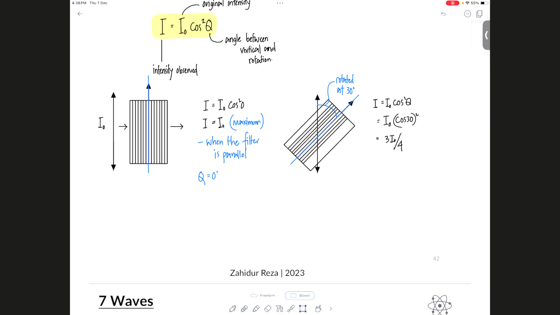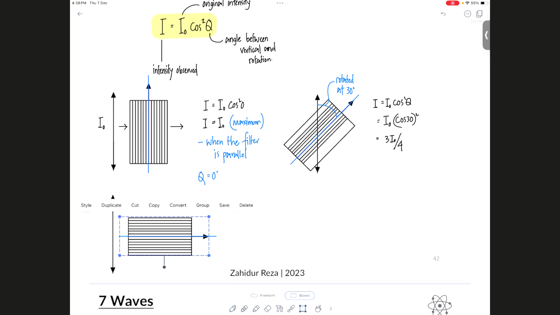As I keep rotating this, we will now go to the angle that we have been talking about. What if I rotate this fully, 90 degrees? Can you tell me what would I notice? What's the intensity? 0, right? So this was theta equals 30 degrees. Let's see for theta equals 90 degrees.